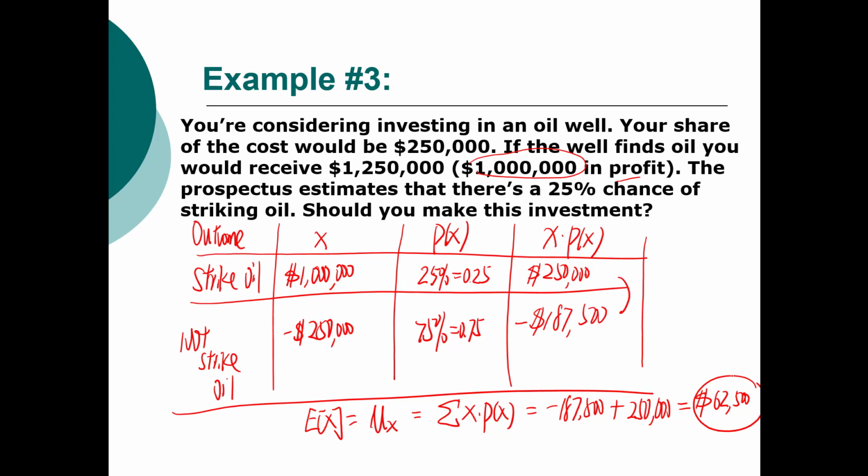So on average, you're having a profit of $62,500. Should you make this investment? The expected value is a profit. Usually, it's a good idea to invest in this project, but it's totally up to you, right? It depends on your risk level.